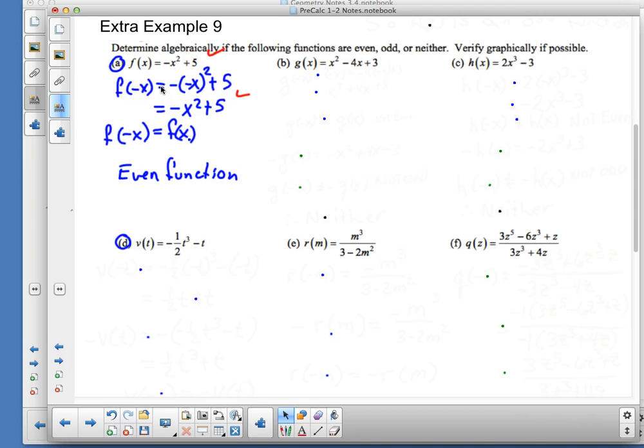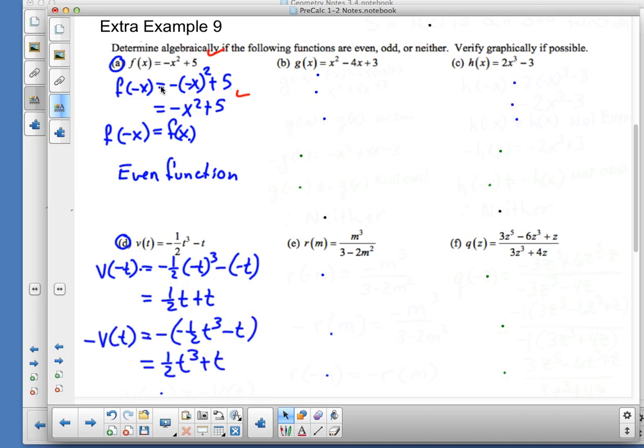But now if we're looking at this other function, as I pop in the opposite of t in for t, I'm looking at the fact that things are going to change all the way through because I have no constants. Okay, if I have a constant and I'm considering an odd function, it's not going to happen because the constant won't let the signs change. So as I'm looking at this, my signs changed completely in the function.